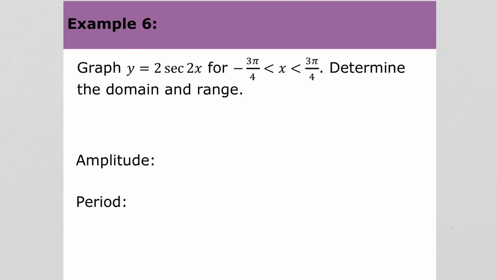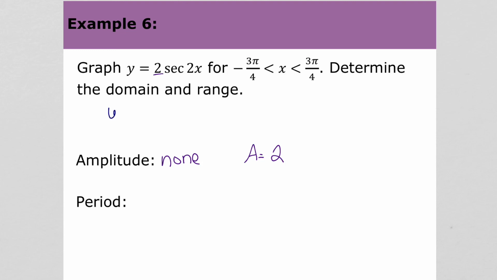Let's look at one more example for secant. y equals 2 times the secant of 2x. Again, there's no amplitude, but there is an a value of 2, and so we'll take that into account. The period is the same as with cosine.